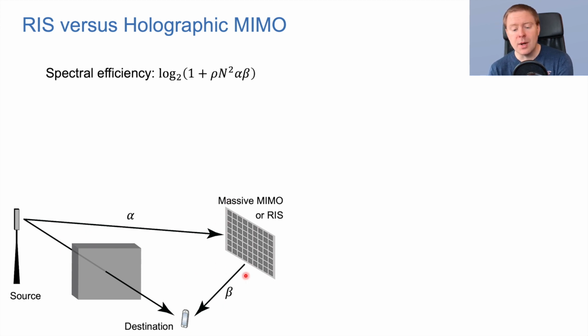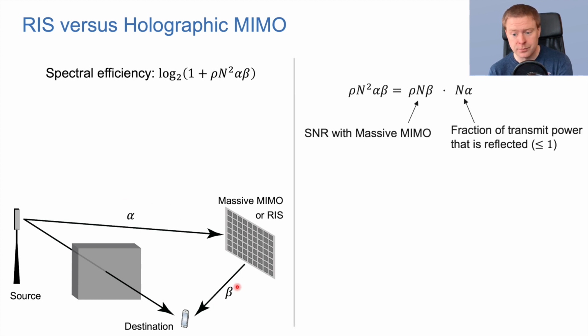And I will either consider having a reconfigurable intelligent surface here, or a massive MIMO or holographic massive MIMO surface here. When we are using the RIS technology, then I have a transmit power that I call rho here, so it's not the direct path's loss anymore, it's the power, or SNR. I have the number of elements in the surface, N, squared, and then I have the product of the two path losses, just as we have considered earlier.